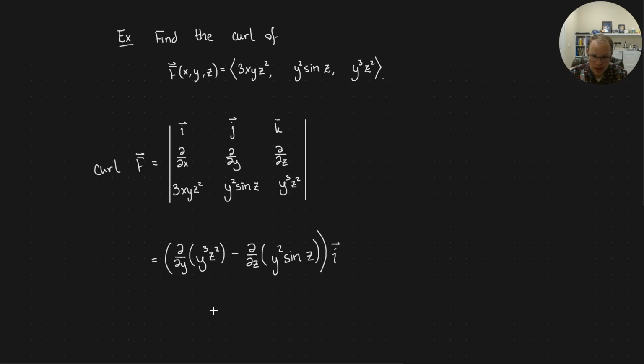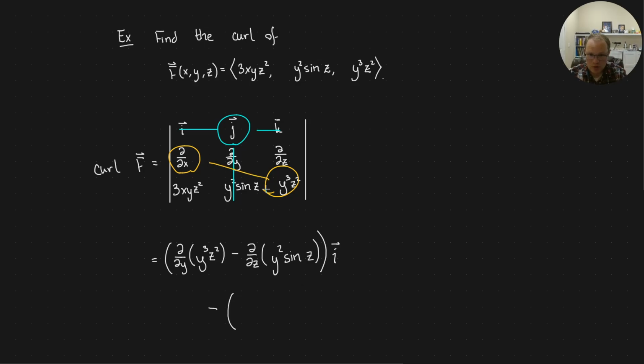Let's go for j, and I'll go to the next row just to make sure I don't run out of room here. Because it's the j component, I'll put a minus in front, right? So this one and this one go together.